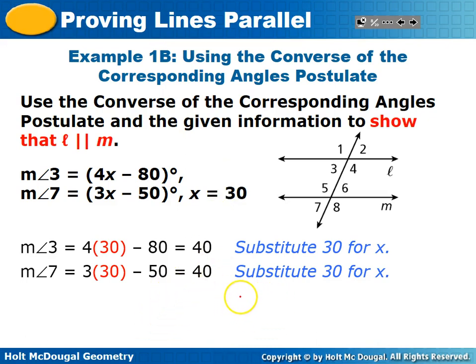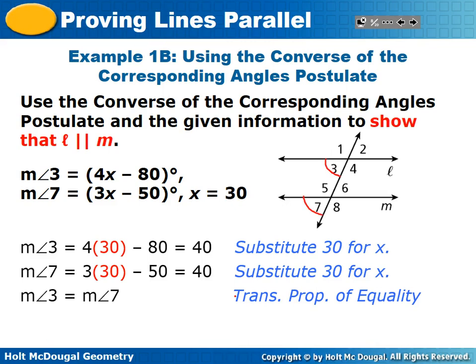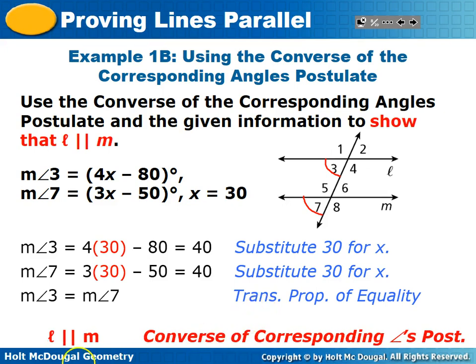So those two angles are congruent. Let's look at where they are in the drawing. We can say that 3 and 7 are congruent. So 3 is congruent with 7 like that. Because those angles are congruent and they're in corresponding positions, we can say that L is parallel to M by the converse of the corresponding angles postulate.